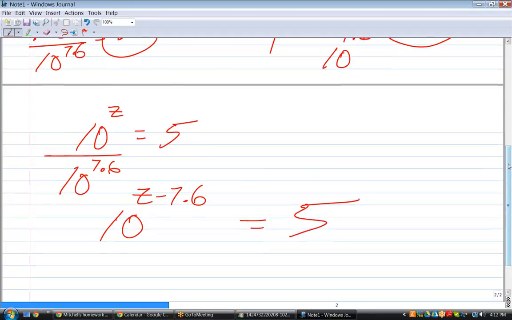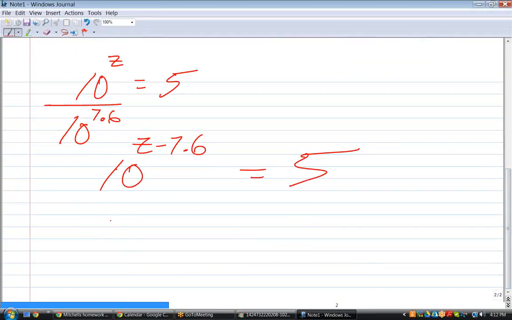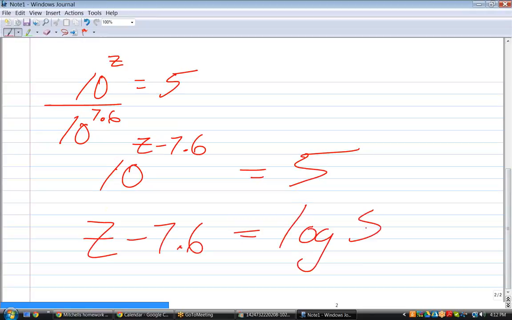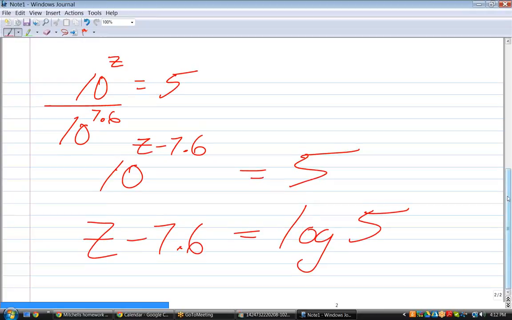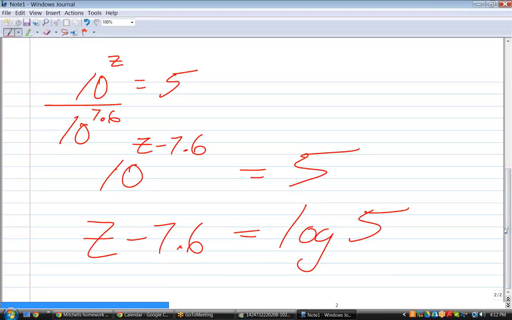Now, if I take the common log of both sides, I get z minus 7.6 equals the common log of 5. What's the common log of 5? Oh, wait. .69.